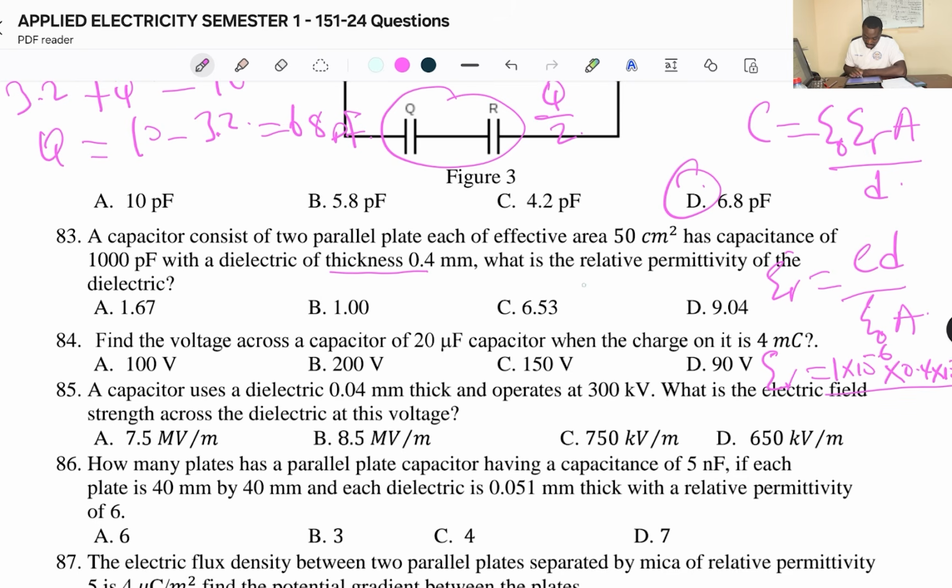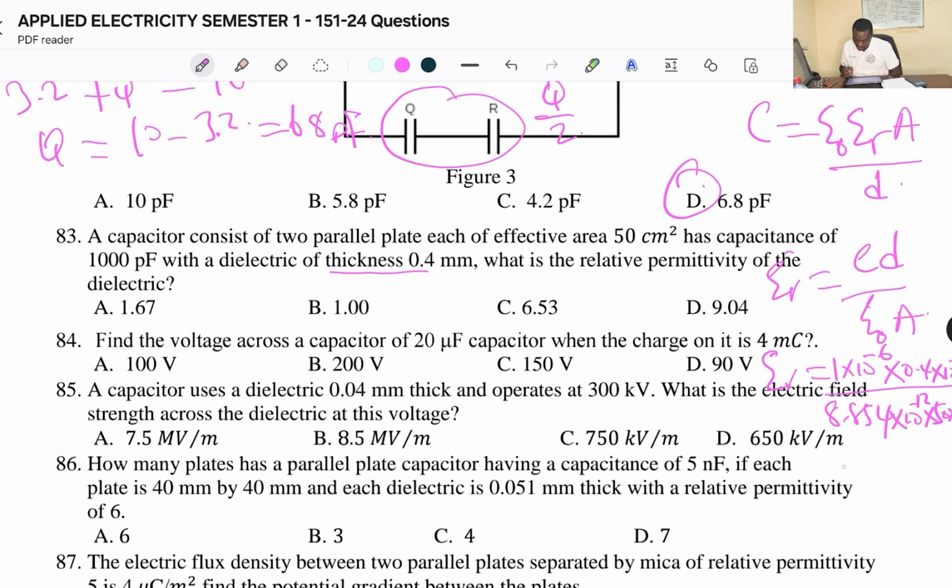Then we have the permittivity of free space, that is 8.854 times 10 to the power minus 12, times the area, which is 50 centimeters squared. That will be 50 times 10 to the power minus 4.